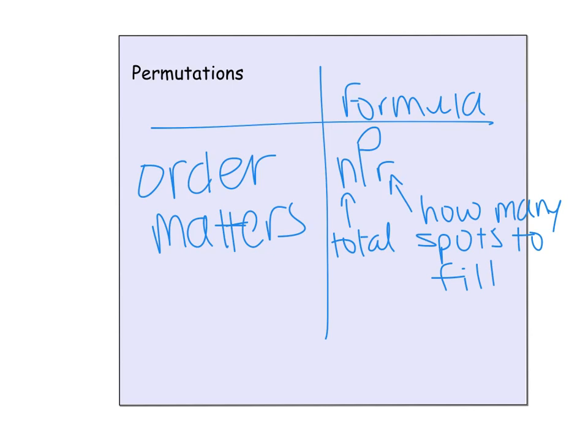So the formula for this is you have the N and the R, so the total goes on top. And then you do factorial. So it'd be N factorial divided by, and then in parentheses, N minus R. Close it, and then do factorial.